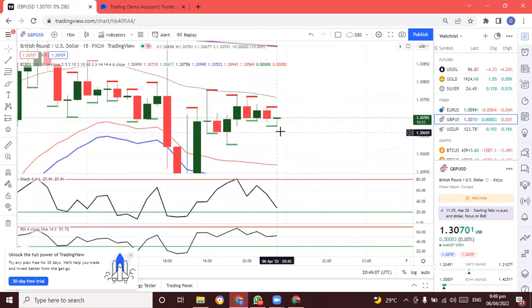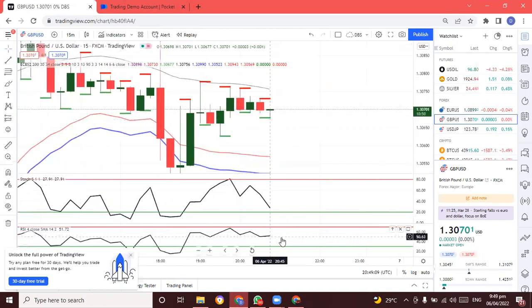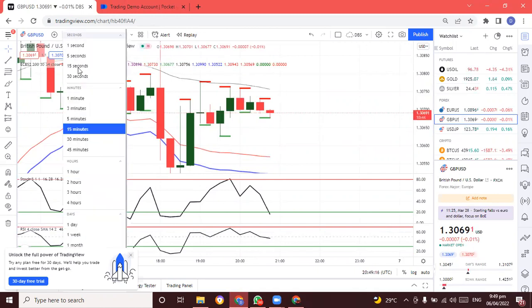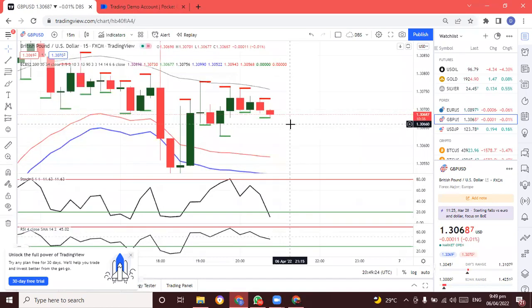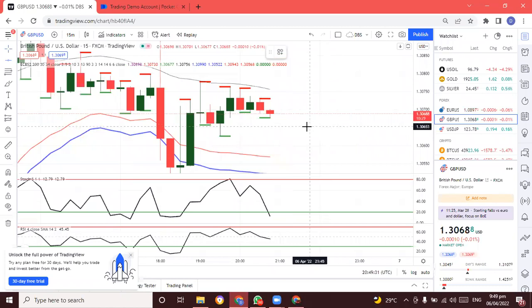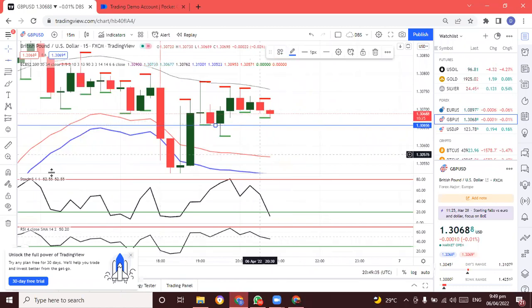Okay, GBP USD is not really ready on 15. It still has to come down a little bit more, to somewhere around here. I know that if this market gets to this level here, it will be ready to go back up.